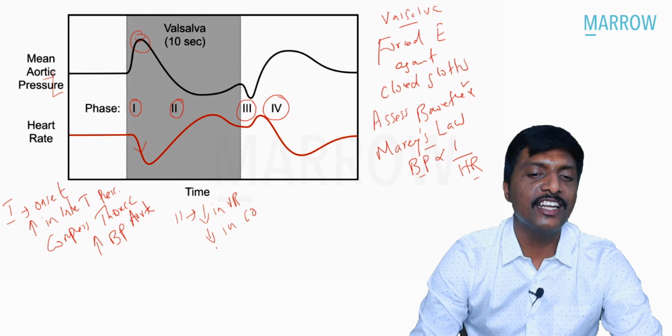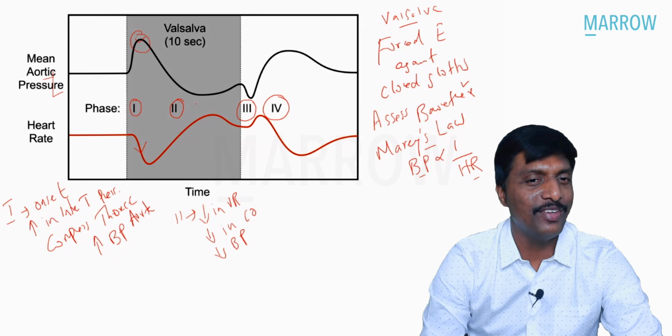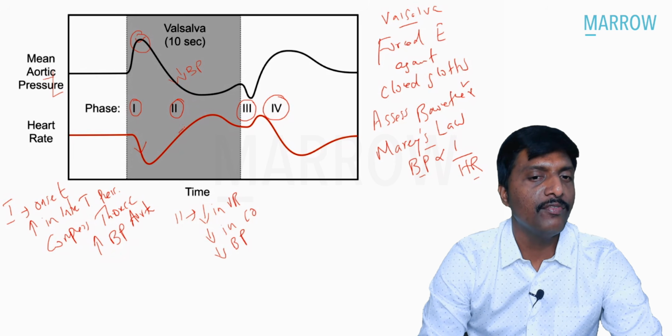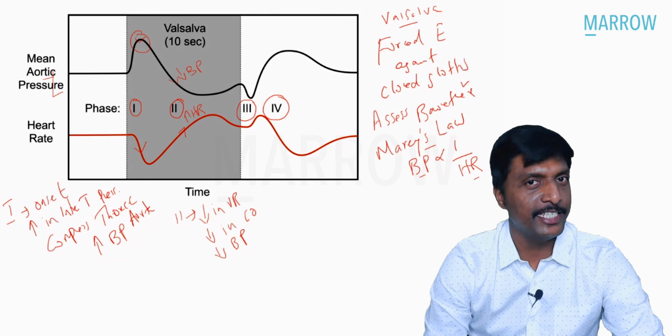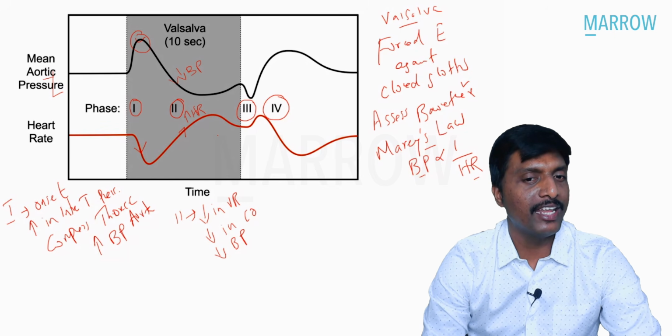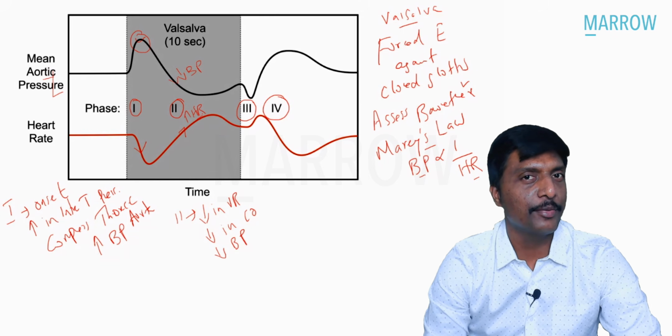When there is decrease in cardiac output, there will be decrease in blood pressure. Simple logic, we are seeing there is a fall in blood pressure. According to Mary's law, when blood pressure falls, heart rate will definitely rise in phase 2. In phase 2, decrease in venous return, decrease in cardiac output, fall in BP. Automatically, there is reflex increase in heart rate.